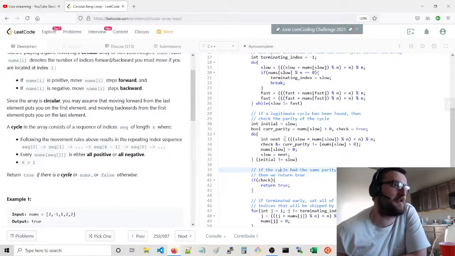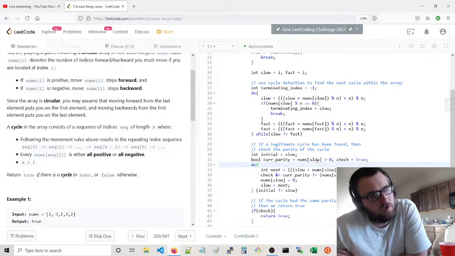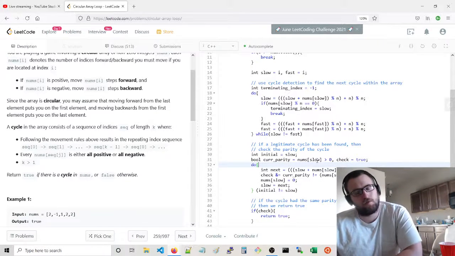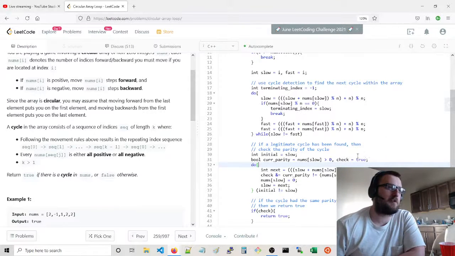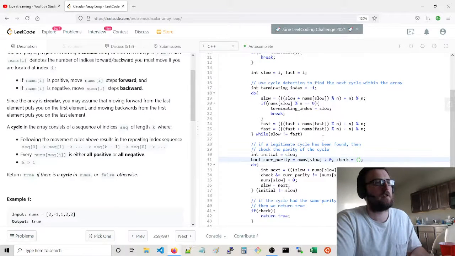This check returns true when we run into a terminating index, if there's one. So your check is always going to be false if we terminate early. So that's going to be terminating index not equal to -1.